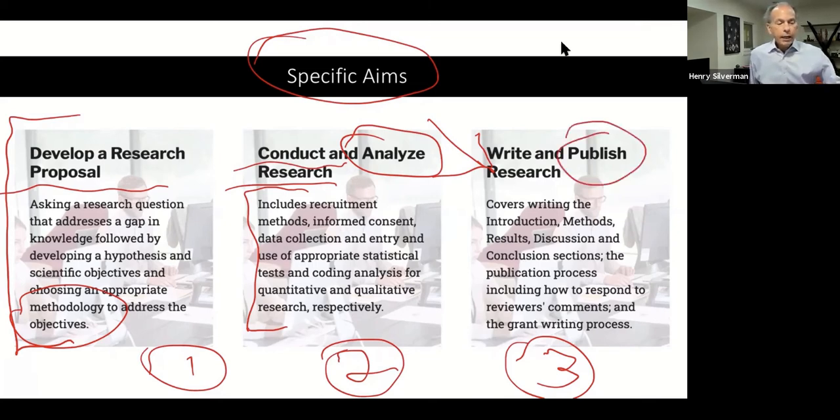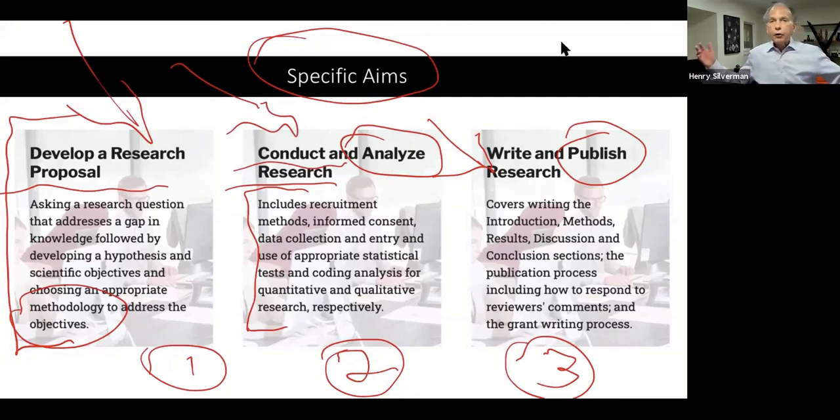So again, you could enter the program right from the beginning if you want to start to develop your research question. If you have your proposal, then you could enter in the second block, and we would help you conduct the research and analyze the data.